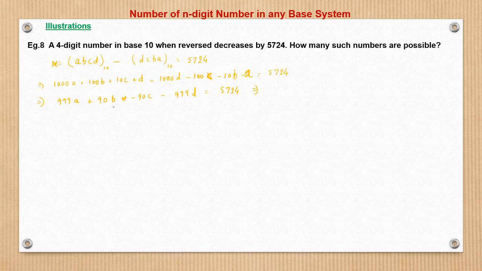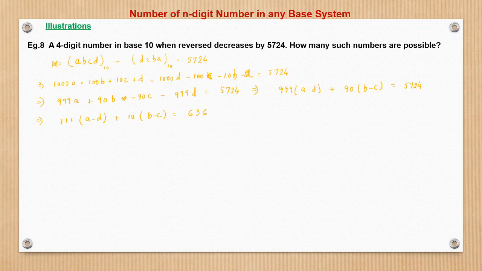This we can write as 999 times A minus D plus 90 times B minus C is 5724. Here we take 9 common from both LHS and RHS. It becomes 111 times A minus D plus 10 times B minus C equals 636. Here 9 sixes are 54, 9 threes are 27, 9 fives are 45, so 636.